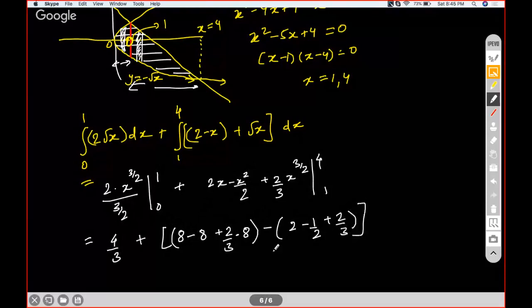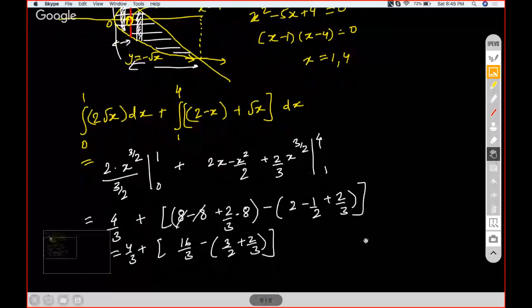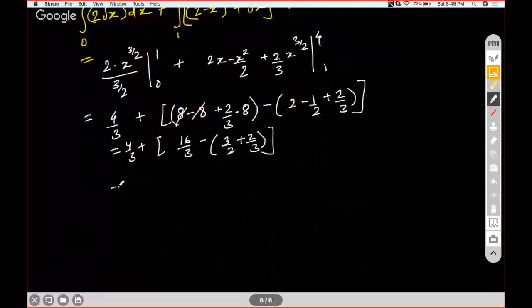So that will be 4 by 3 plus, this will go off, 16 by 3 minus 3 by 2 plus 2 by 3. Cool? So far it's good? So it's 4 by 3 plus 20 by 3.